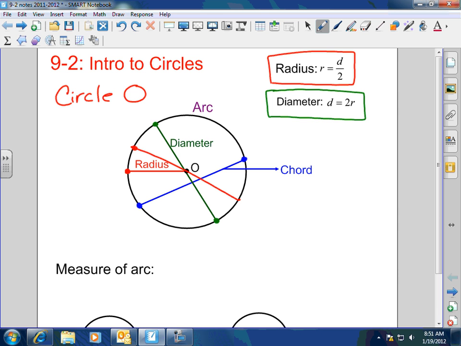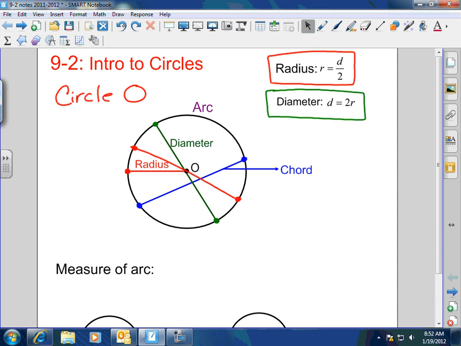This is a diameter. But a diameter is a chord because it goes through the center. However, this is a chord. Is that a diameter? No. So a diameter is a chord, but a chord is not a diameter.